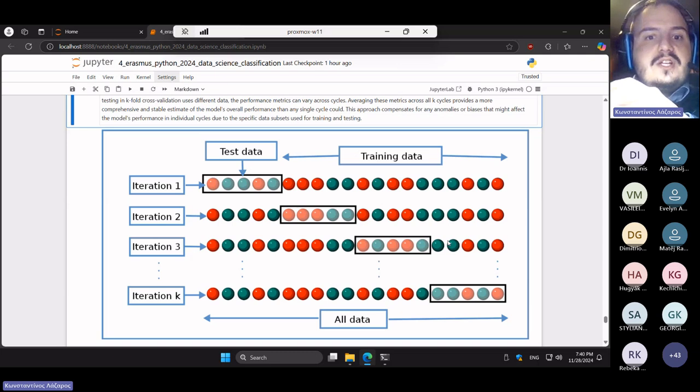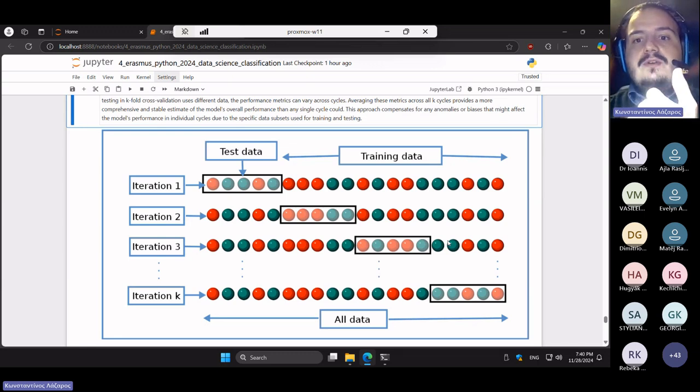The reason this is considered a more effective technique for evaluating our algorithm, especially when the number of samples is limited, is that by the end of this process, we are going to have many different instances of a specific model that will have been trained and evaluated on the entirety of our data set.